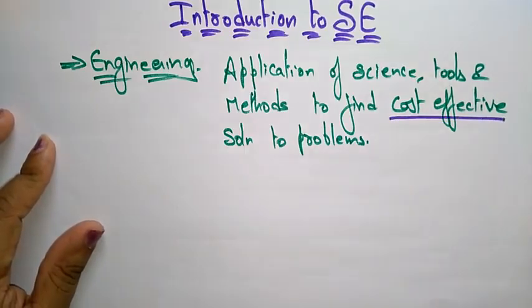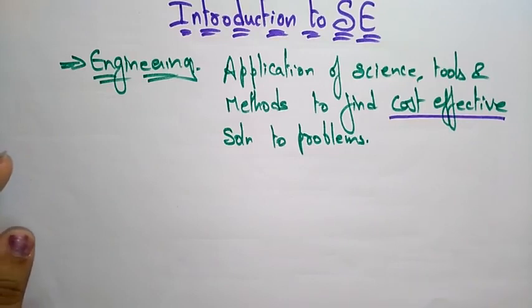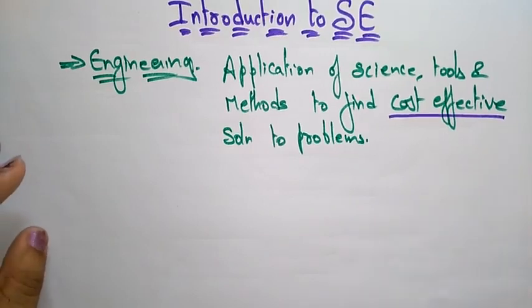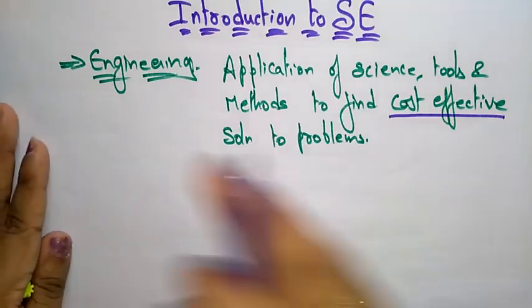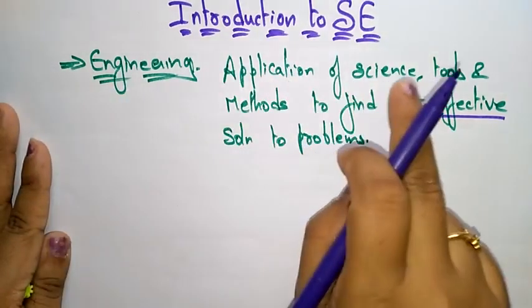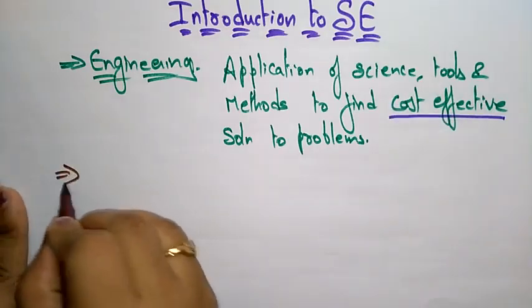That we have to be careful about. Whatever problem we are solving, the solution to that problem should be cost-effective. So engineering means application of science, tools and methods to find cost-effective solution to problems. Now let us see the definition of software engineering.